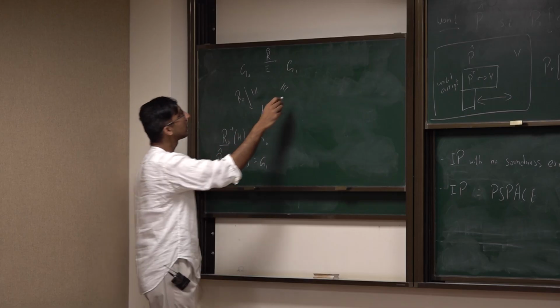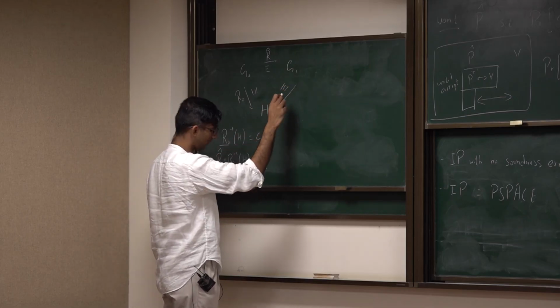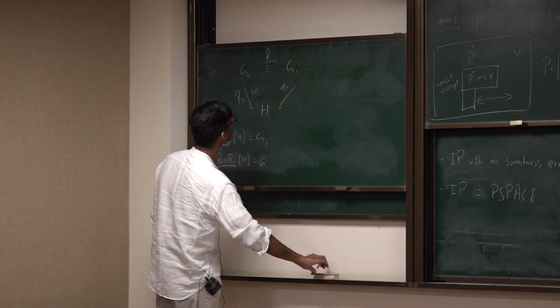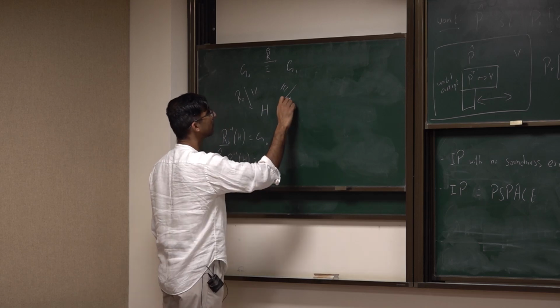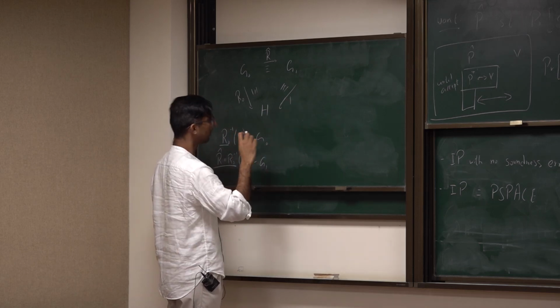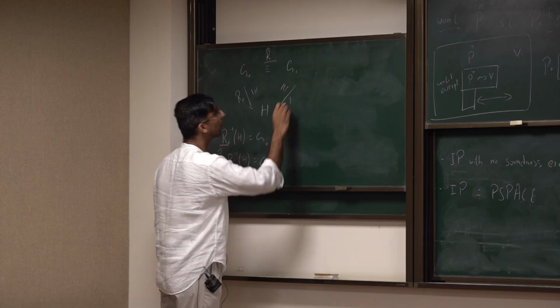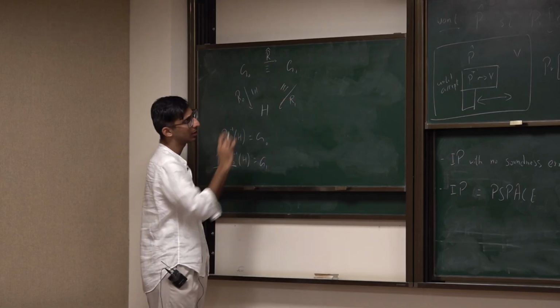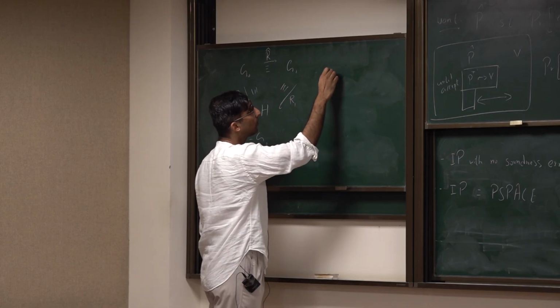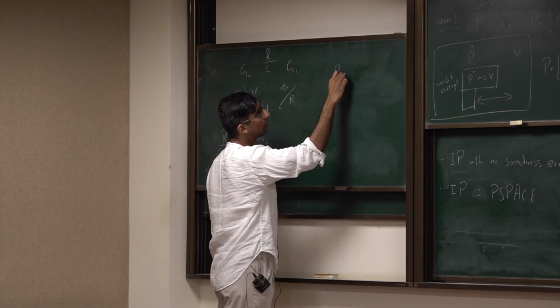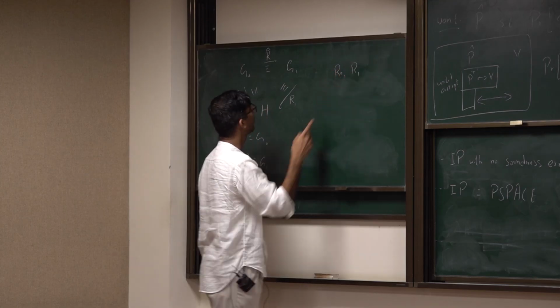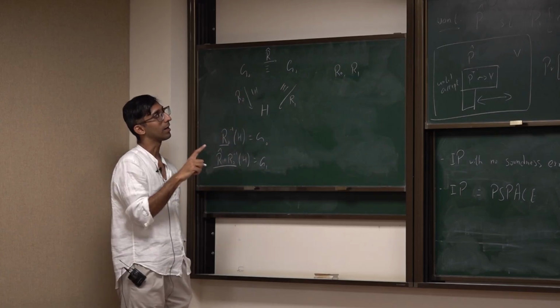Let's say this is R0 and R1. If I gave you both R0 and R1, then you can put these together to get R hat.